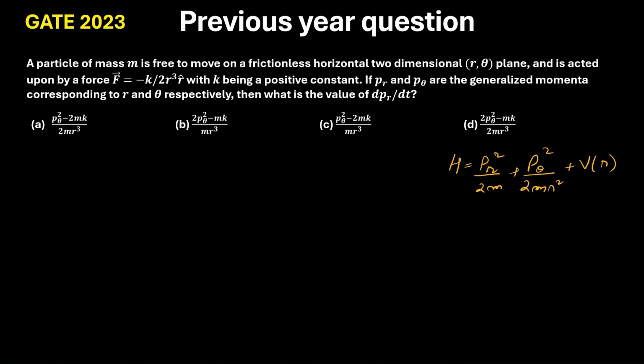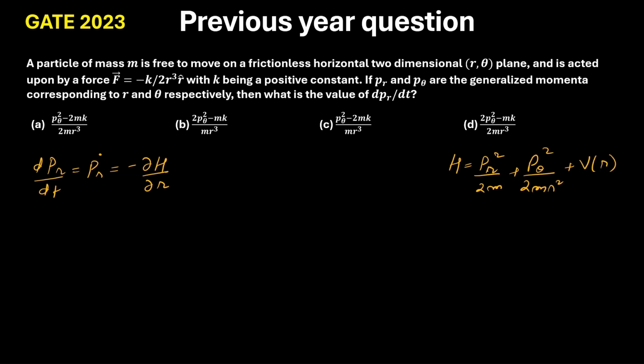Now using this Hamiltonian, I can write dp_r by dt, that is p_r dot, equal to minus del H by del r, differentiation with respect to r.